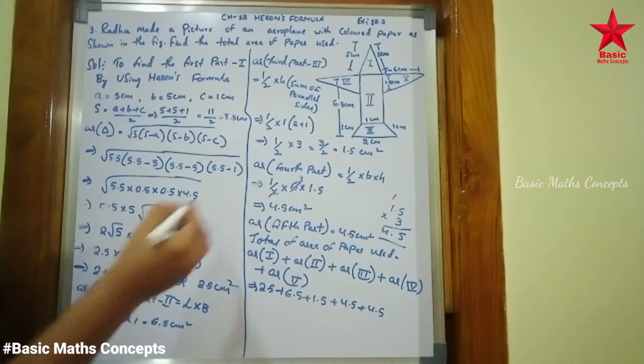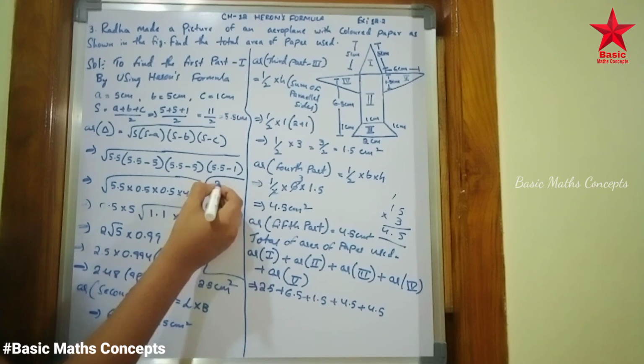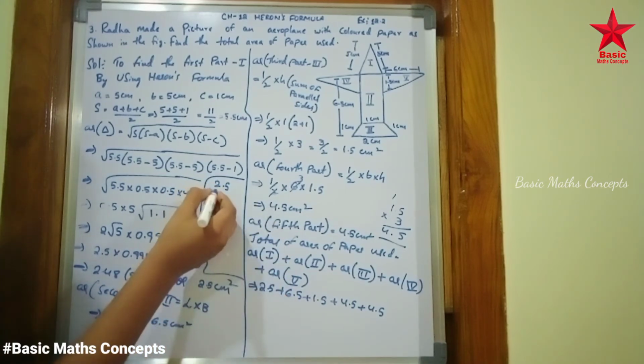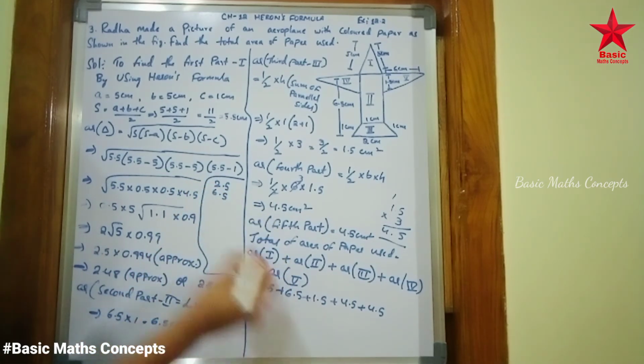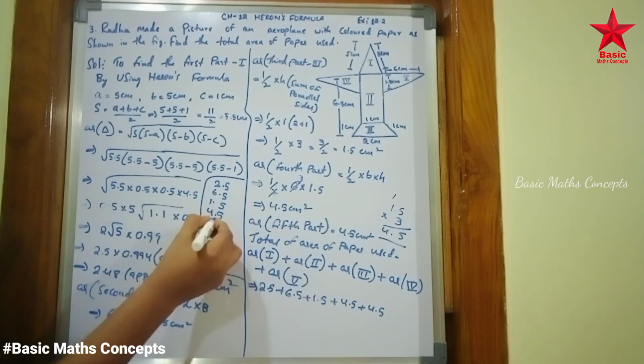Now add all of these: 2.5, 6.5, 1.5, 4.5 and 4.5.